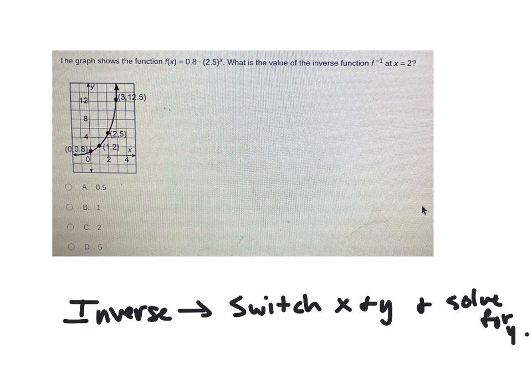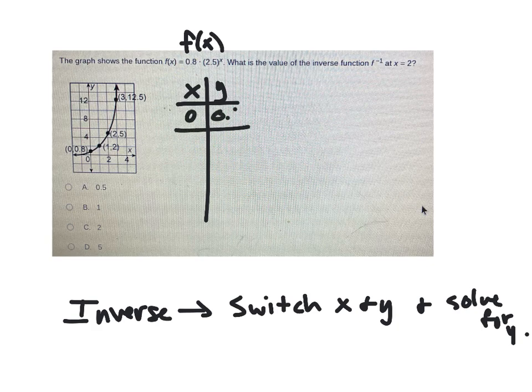Let's make a table for just f of x. We're given those points. We have the point 0, 0.8. You have the point 1, 2. You have the point 2, 5, and then you have the point 3, 12.5.